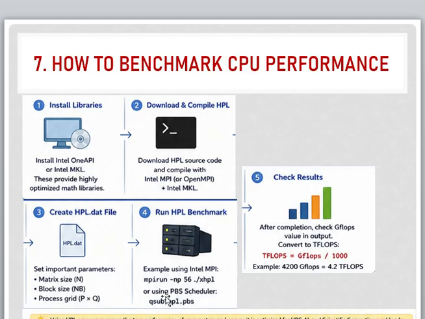When you run, we can use this command: mpirun -np 56, or with your scheduler, whatever PBS or Slurm you have. You will see something like this. Suppose you got 4200 GFlops, we can simply divide it by 1000. The answer we get is in teraflop, 4.2 teraflop, right?